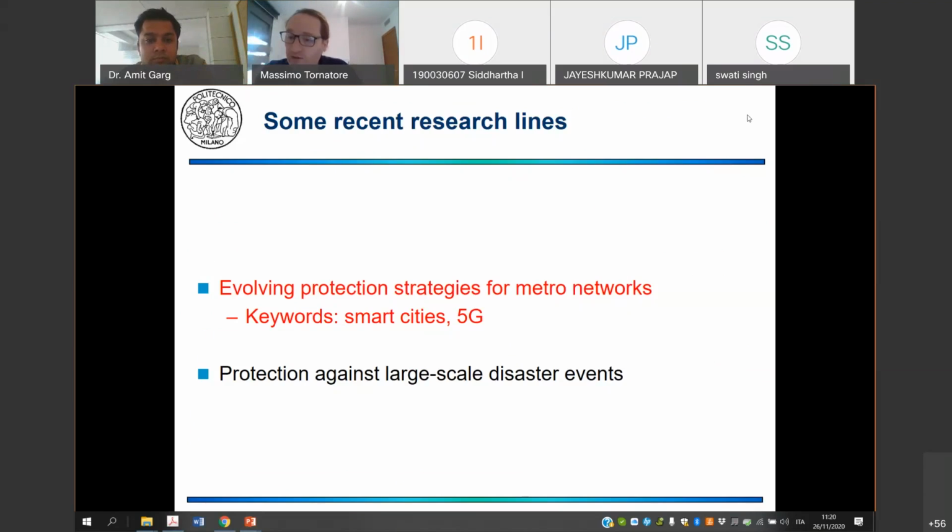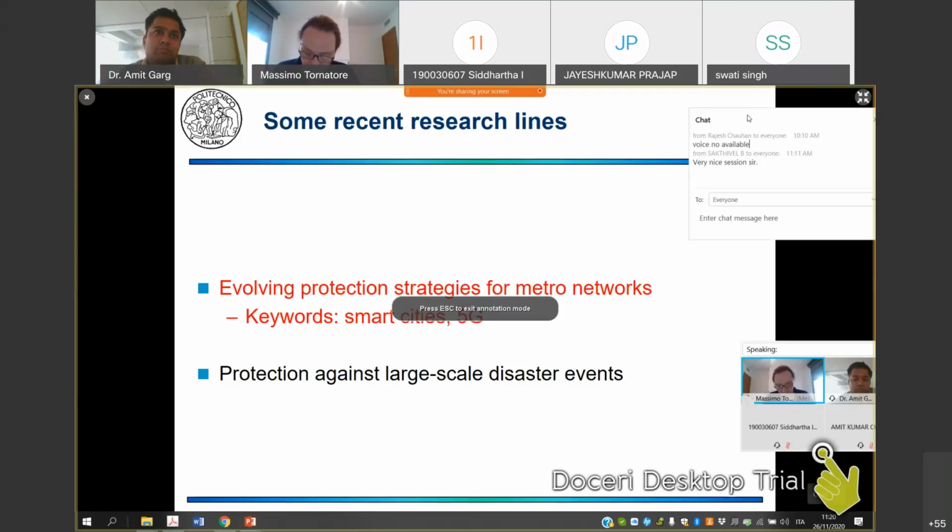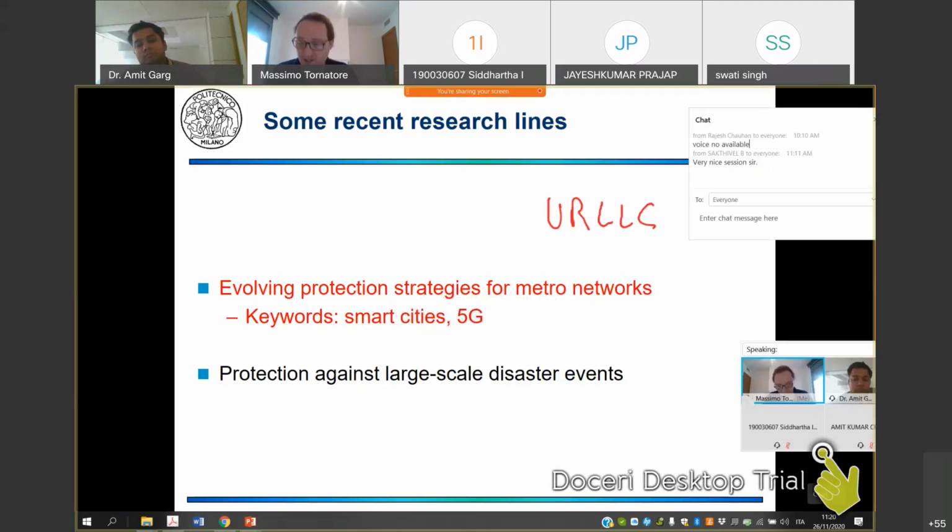Everybody knows that one of the main services in 5G is the URLLC, right? The URLLC service type, which stands for ultra-reliable, low-latency connectivity.